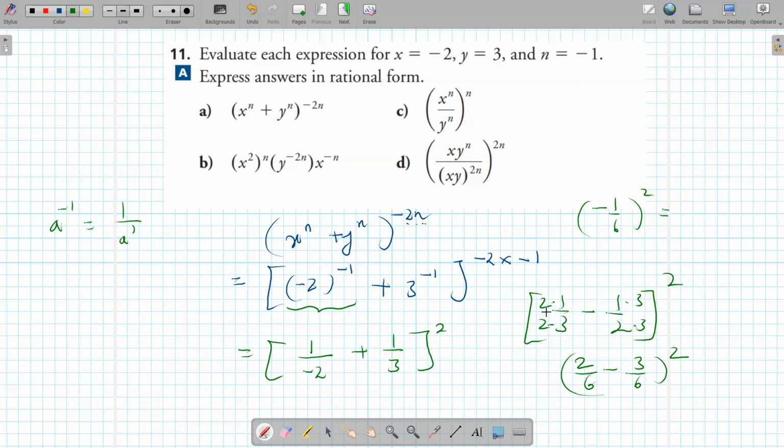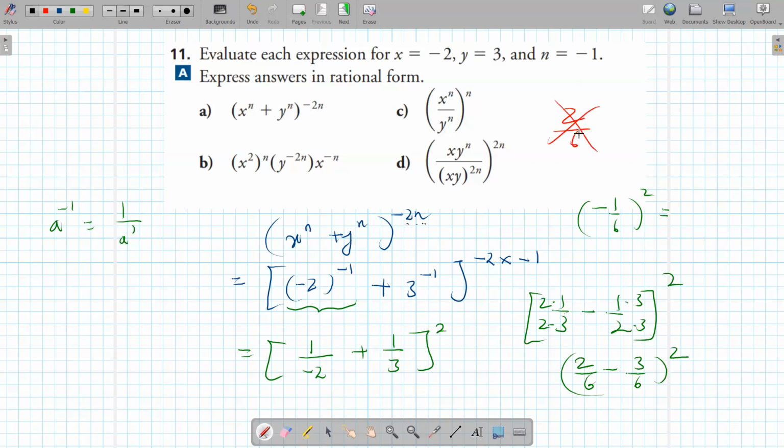What's (-1/6) squared? Is it just 2 over 6? Nope, it is certainly not 2 over 6. That's not even close.